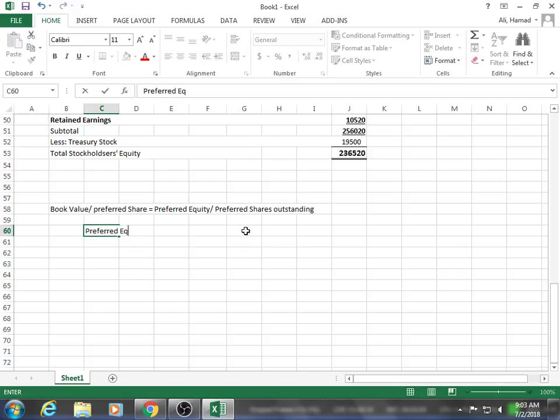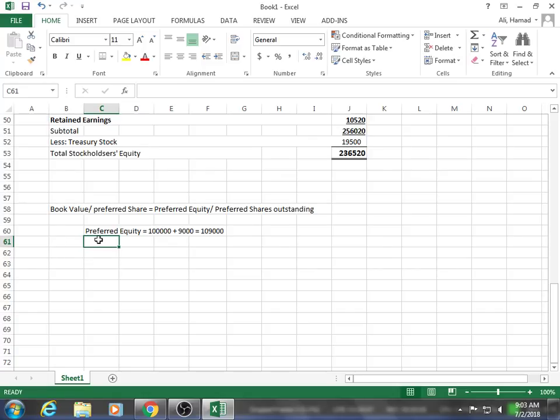Equity includes 100,000 plus 9,000 dividends in arrear, and is equal to $109,000. That's the equity that belongs to preferred shares.